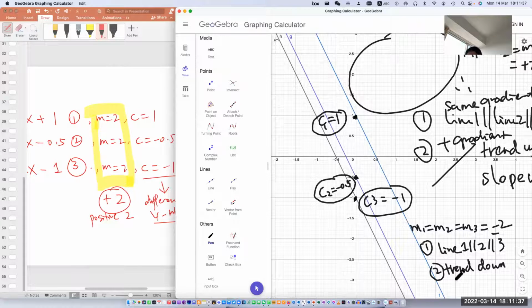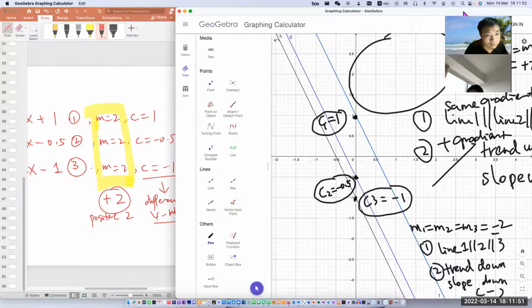Trend down means slope down, downward. So amazing, right? These are the two conclusions.